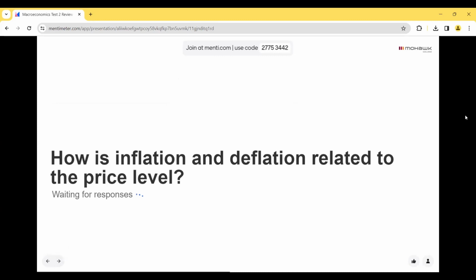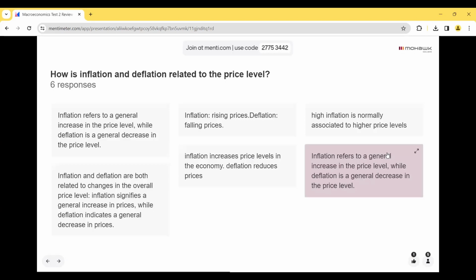How is inflation and deflation related to the price level? So inflation refers to general increase in the price level, while deflation is general decrease in the price level.